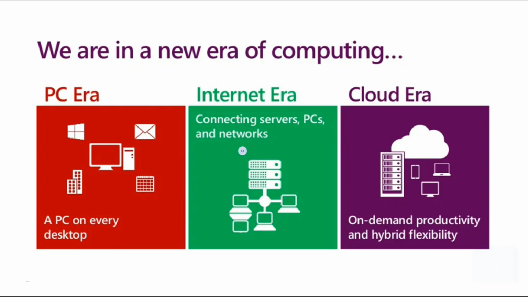On the left side, we have the PC era, between the 1960s and 70s, where we had individual PCs on every desktop, with individual applications on our desktop to do our projects. In the middle section, we have the internet era, where we have servers, PCs, small corporate networks, and other corporate networks, and we connect them all together to form the internet.